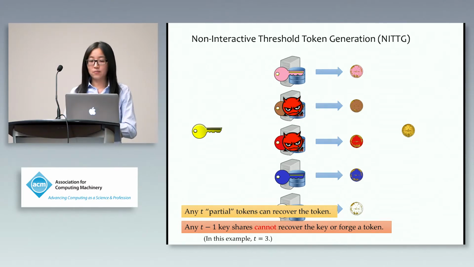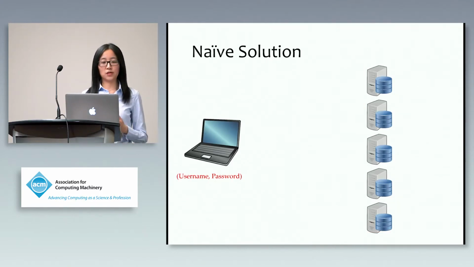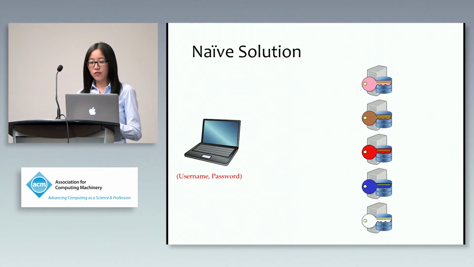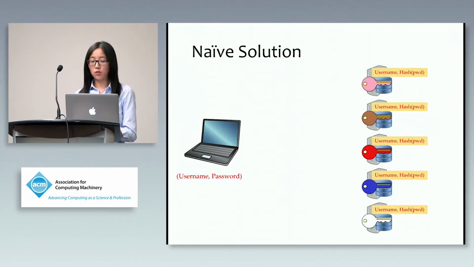And with this scheme, we can actually come up with a naive solution. As you can imagine, in the naive solution, the secret key share for every party is just the secret key share for the NITTG scheme. And then when the user signs up, every server will store the username along with a hash of its password.